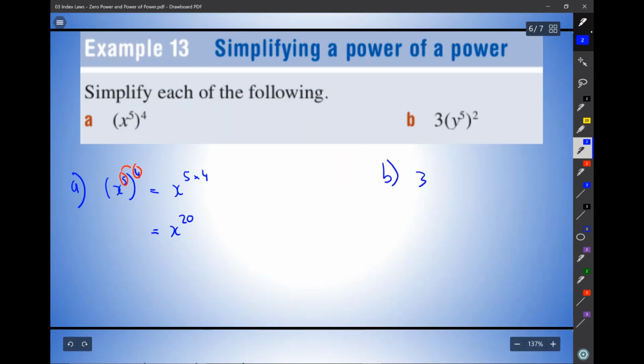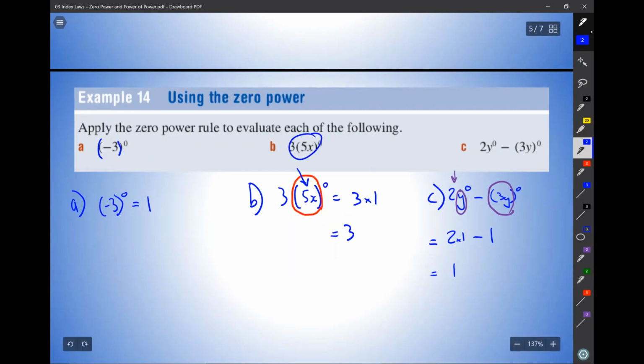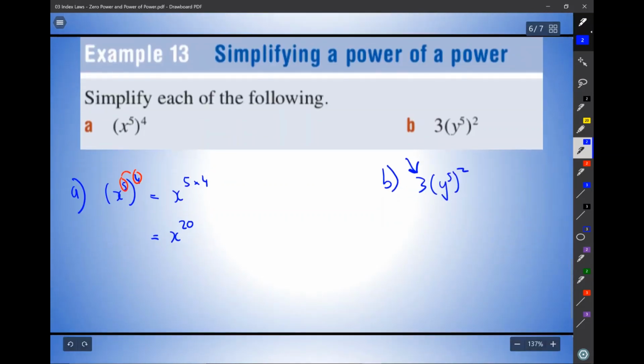And again over here. Now the same thing happens here as what happened up here. This 3 out the front is not affected by our power. But what happens with our power is we multiply them together.